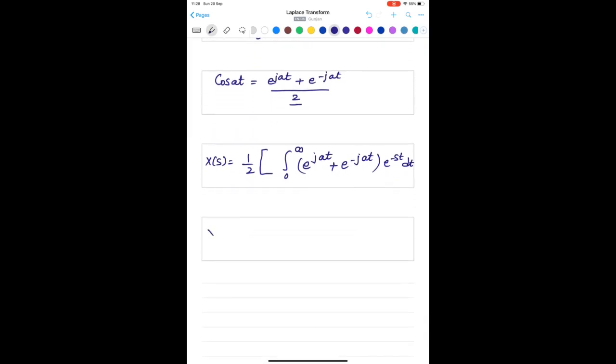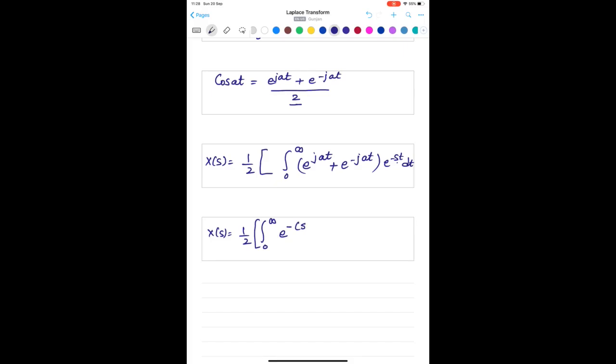So if you open it, x of s equals 1 by 2 the integral from 0 to infinity. Always try to make your common terms with e raised to the power something, in such a way that you have a form of s plus something or s minus something. So if I take common between this and this, it will be e raised to the power minus s.